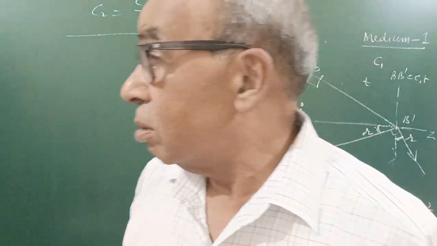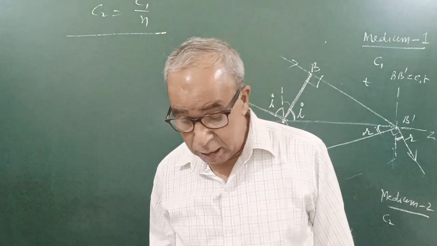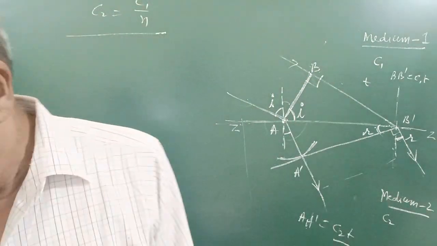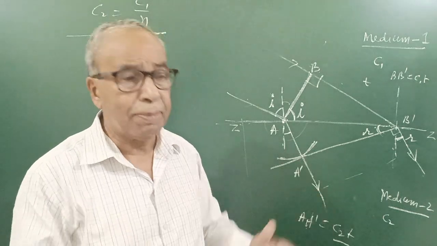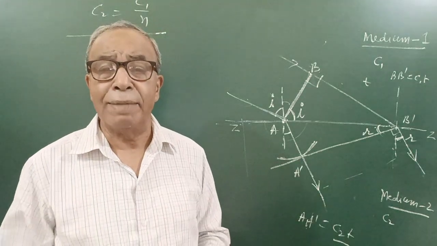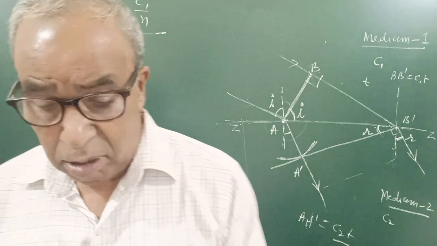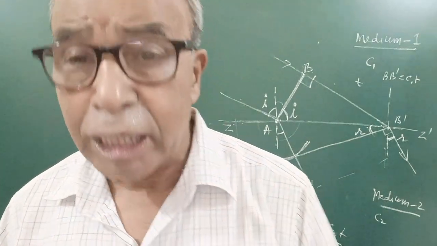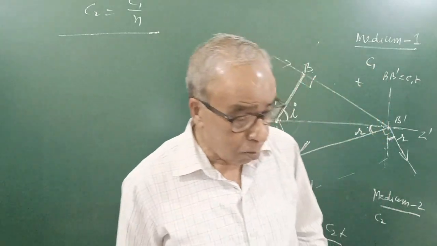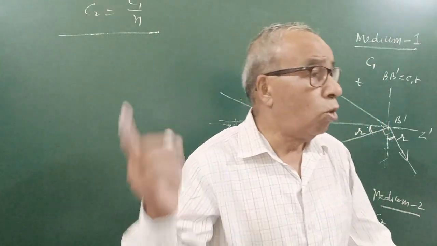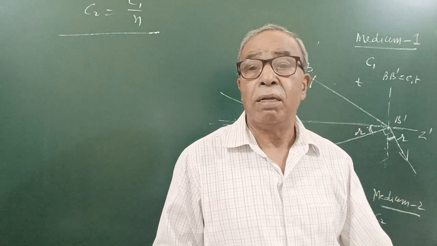So I have told you Huygens's theory. Please, it is a little difficult to understand this concept because totally it is abstract in nature. But this is just to explain the propagation of light wave. I told you the difficulty was there.